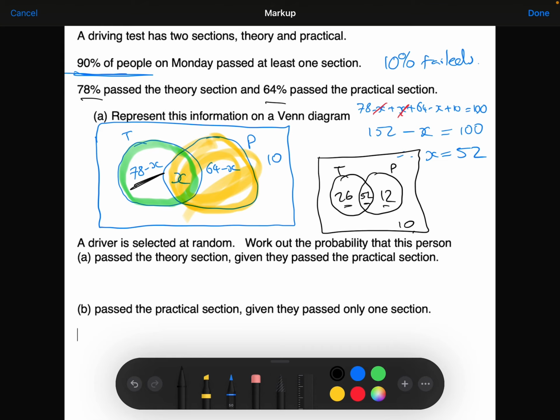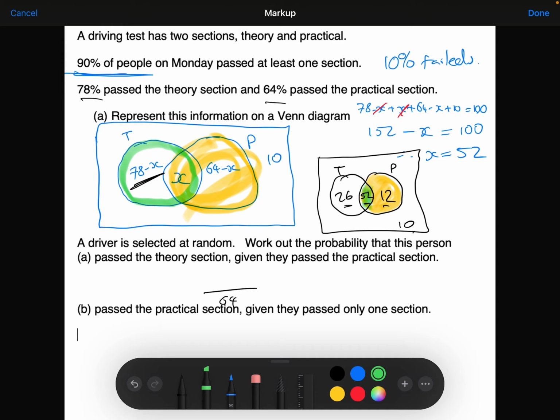Okay, for the next part of the question, it says, a driver is selected at random, work out the probability this person passed the theory test, given that they passed the practical. So we know that they passed the practical, so we know for a fact they are in this region. So we are only talking out of those 64% of people in that region there, and we want the probability that they passed the theory test.